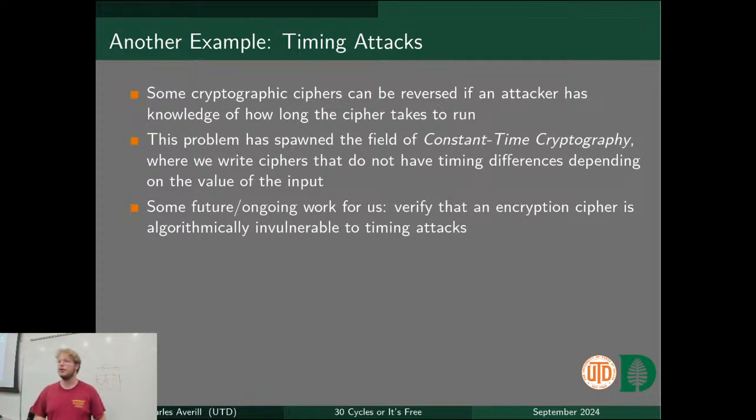So I've had this idea for a while that if you could pick a cipher that's known to be timing invulnerable, and then write a proof that it's algorithmically invulnerable, and then have a proven timing invulnerable instruction set on a secure CPU, that would be a really, really cool thing. I'm very interested in going down that path. And then how do you actually show invulnerability?